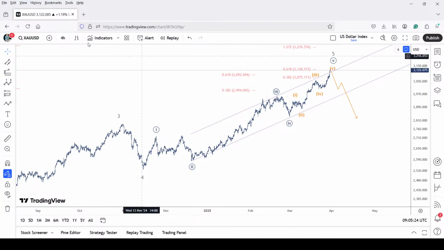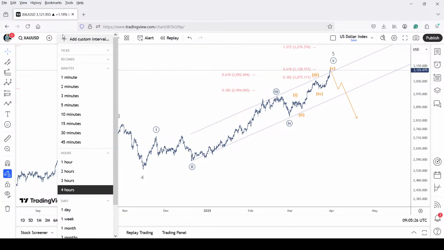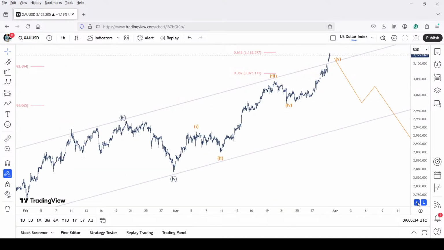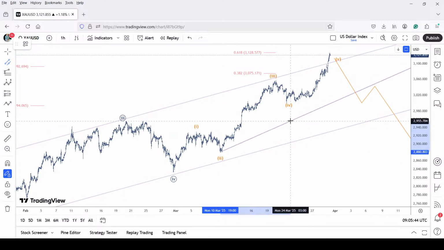Minute wave 5 not only is hitting the Fibonacci ratio, but I believe it's also hitting the channel. If I have not done the channel in the last wave, minute wave 5, let's see how it is placing itself.